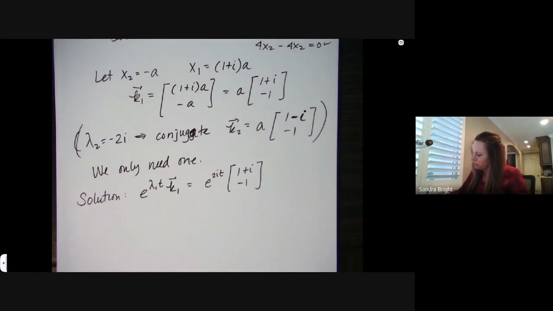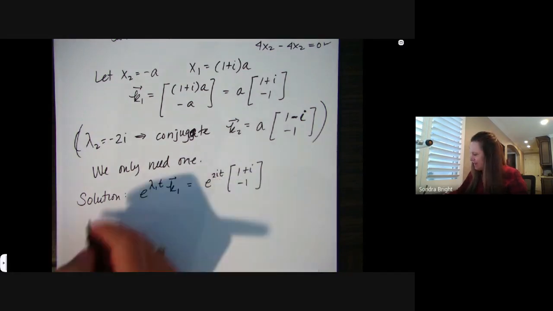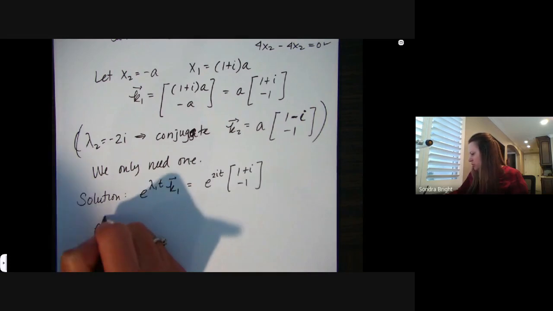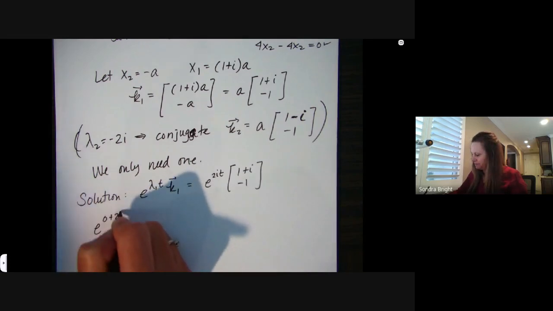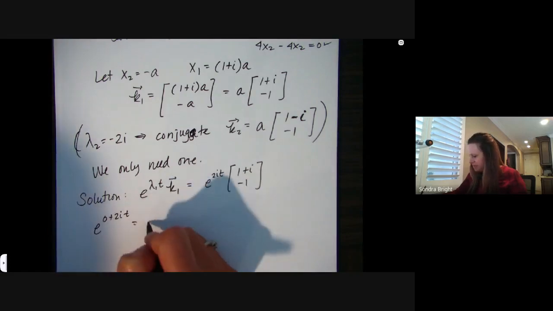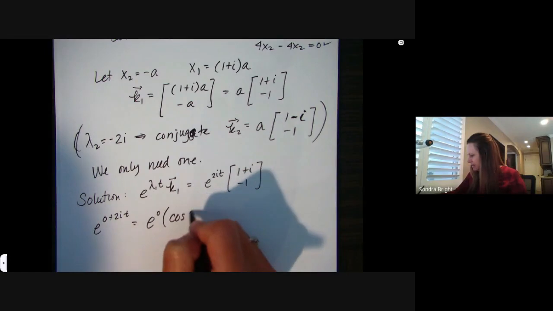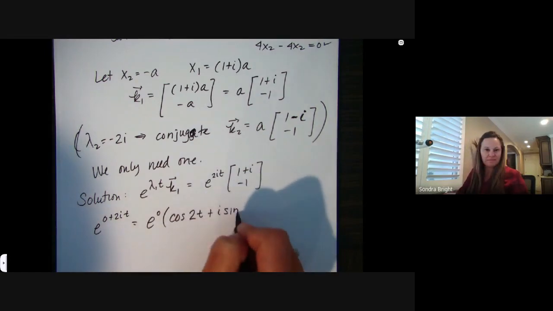So if you remember, when you've got an e to the imaginary power here, it's like an e to the 0 plus 2i t, which means that that's equivalent to e to the 0 times cosine of 2t plus i sine of 2t.